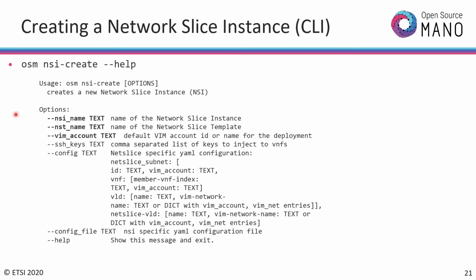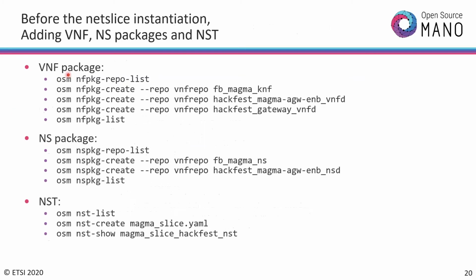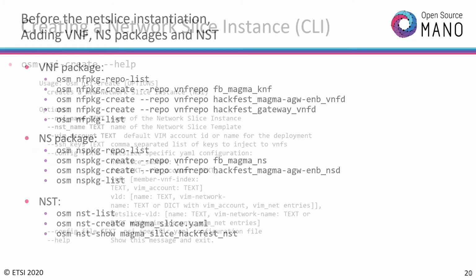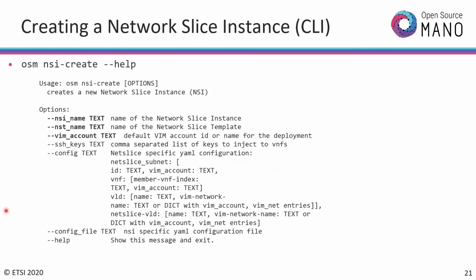Basically, these are the commands that you can use to onboard the required package and the required slice template to the OSM system and to instantiate the network slice instance. So let me check the question from the chat.